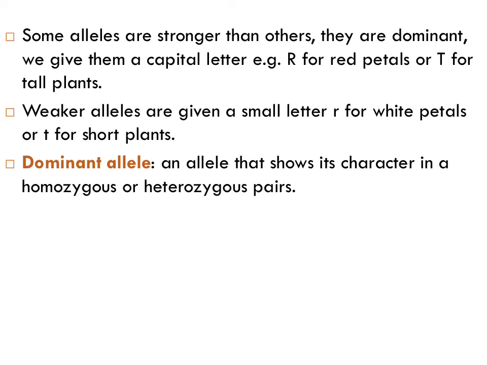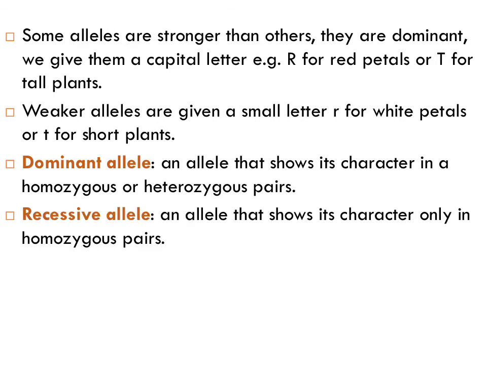Will it have red or white petals? It will have red petals. So that's because it has a dominant allele. A dominant allele shows its character. This is what we are going to see. The flowers are going to be that certain color, red, in either homozygous or heterozygous individuals.